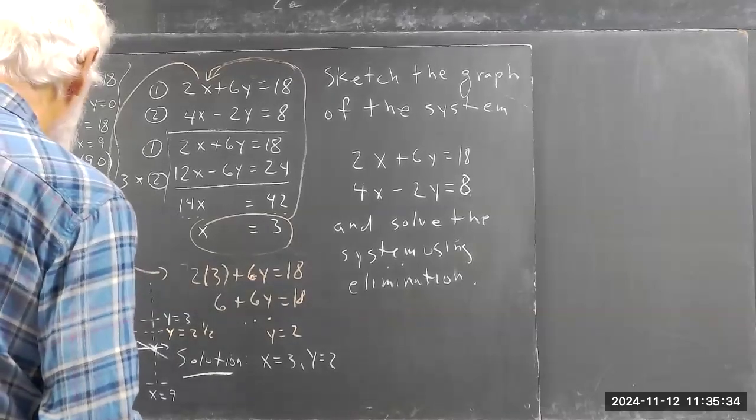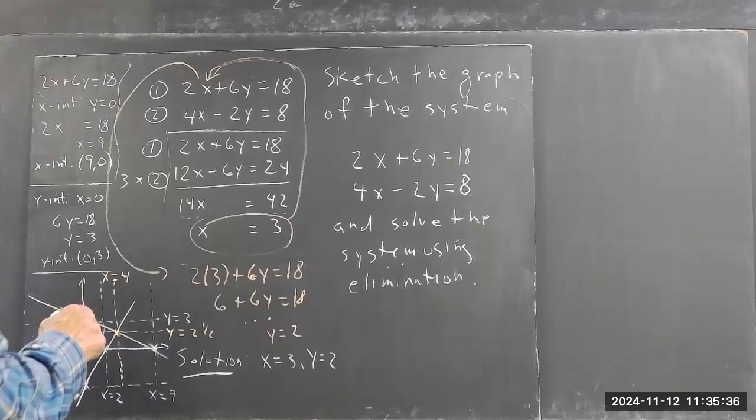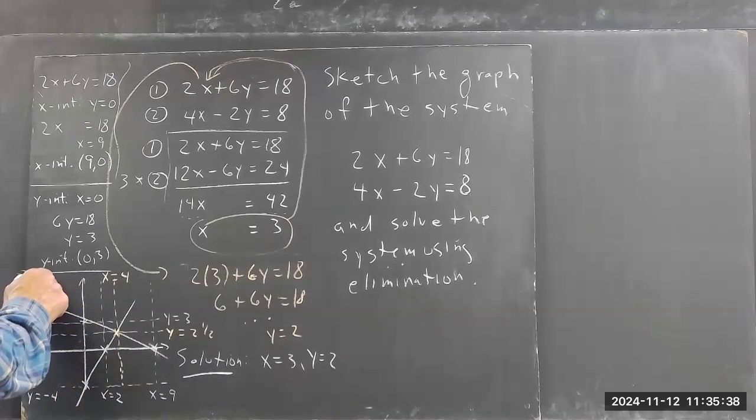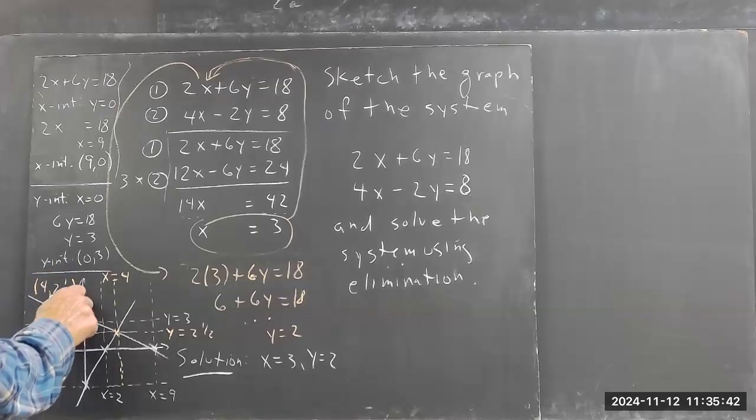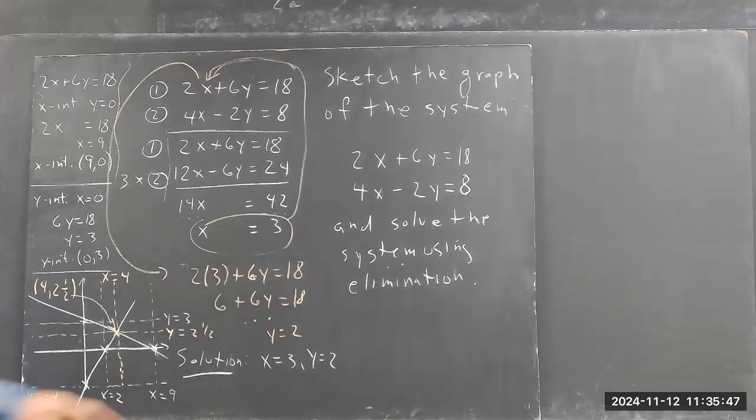So that this point would be 4, 2.5. Now, is that consistent with our equation? Well, yeah, 4 is pretty close to 3, and 2.5 is pretty close to 2, right? So this is consistent.